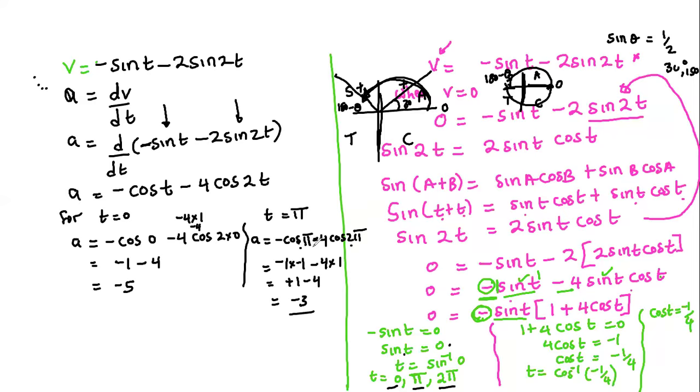Okay, thank you, master. Those who are not getting it, check out: cos of pi is -1, so -1 times -1 gives you 1. For 2 pi, people are getting -5.